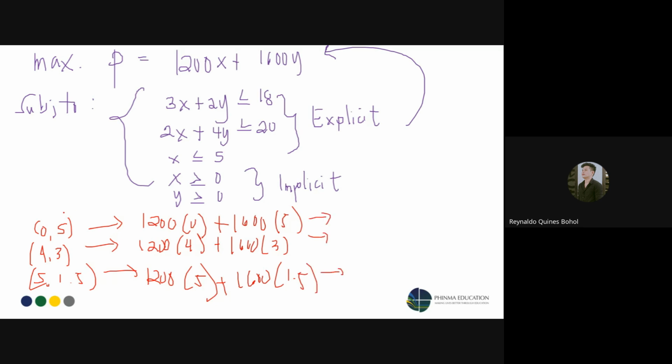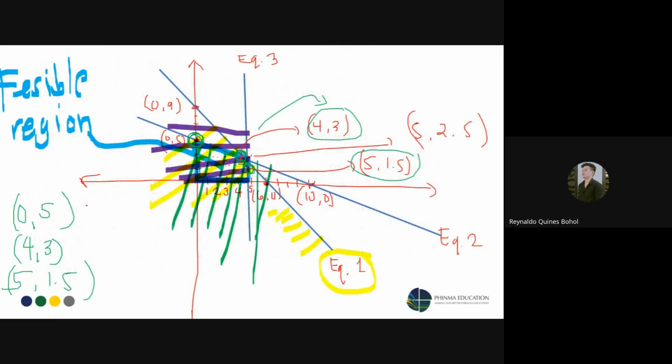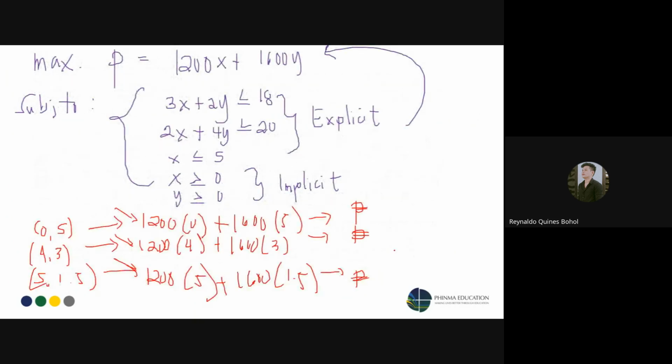Okay, what is the answer for (0, 5), guys? What is the answer? Can you please type? What is the answer for the first, second, and third? If you type your answer, then that's all for today. What is the answer for (0, 5)? That is where the vertices of our feasible region came from.